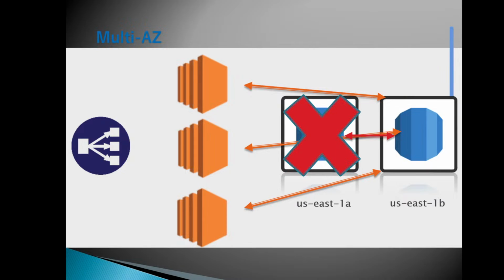It's a backup of your primary instance. So in the case of disaster, in the case of any failure, if your primary instance goes down, then the secondary instance will take its place, as the diagram suggests.